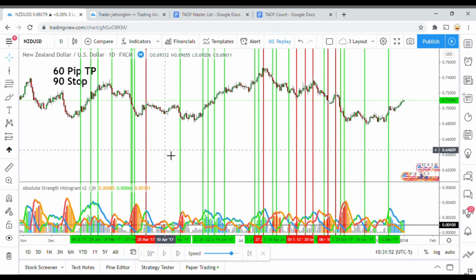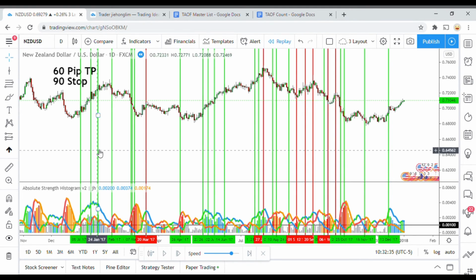And so we had hit 22 winners. That would put us at about 64% the way it was. So a 64% win rate without using our little addition to the indicator.